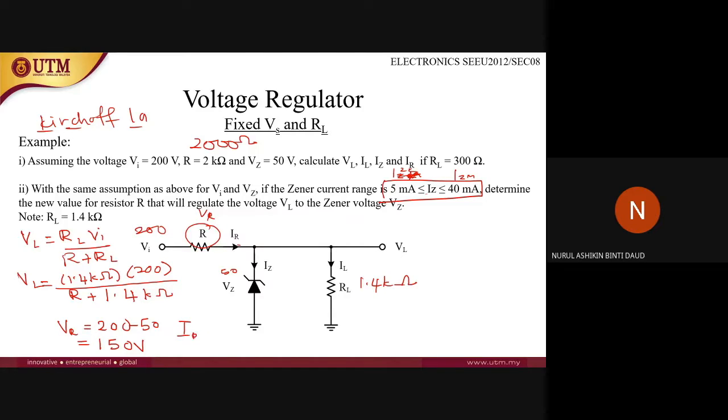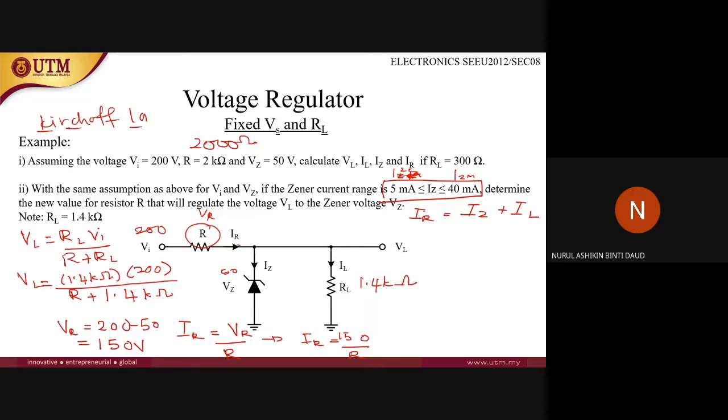IR is equal to VR over R, right? But R, you don't know. So IR is VR, which you already know, 150 over R. Another piece of information for IR is IZ plus IL, right? Because R you cannot calculate. So IR is equal to IZ plus IL.